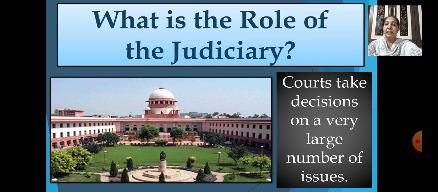Or if anyone is not happy with the decision of any member of the society, they can approach the court. So many examples are there, correct? The court takes decisions on a very large number of issues, right? We cannot say only one issue can be taken to the court. If we count, it is going to be a large number of issues.